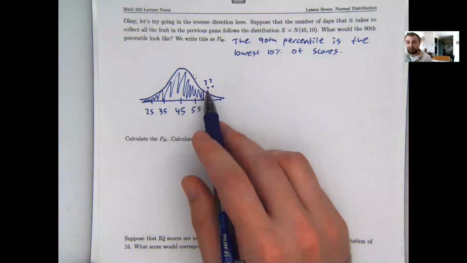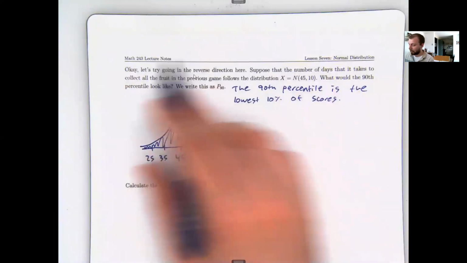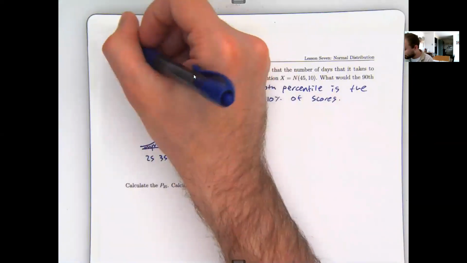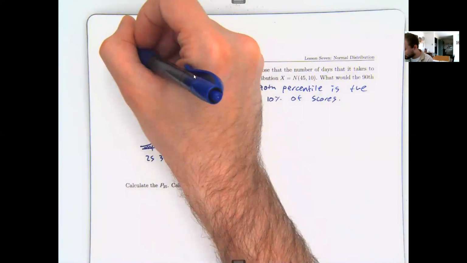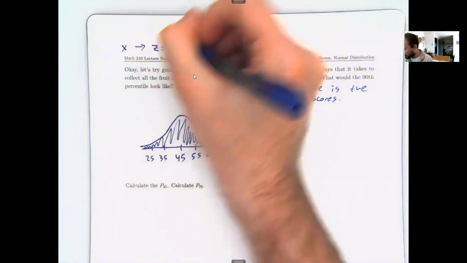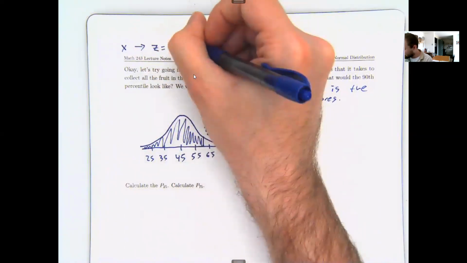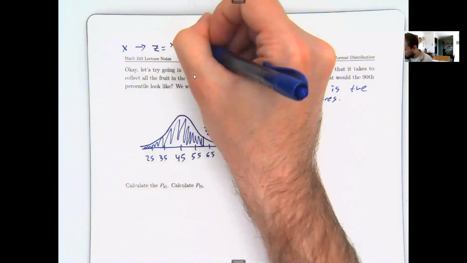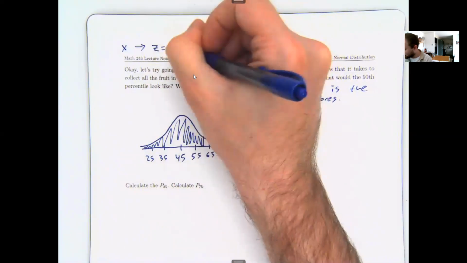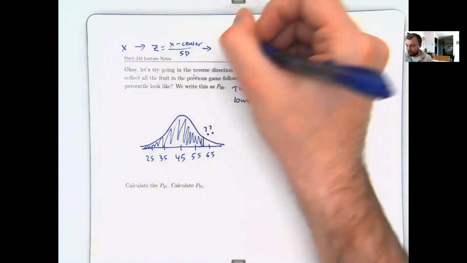Now, what I've been doing so far, and I'm just going to have that general process up here on the top of my page, is I have been starting out with some x value that I know, and from that x value, I've been finding the z-score by doing that value minus my center divided by my standard deviation, and then I've been looking this thing up in a table.